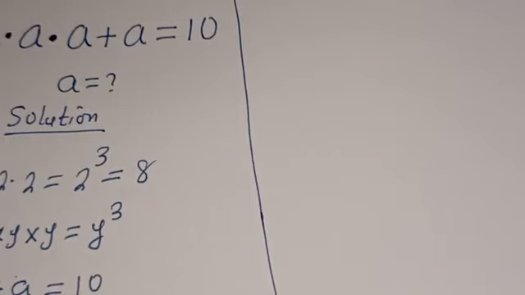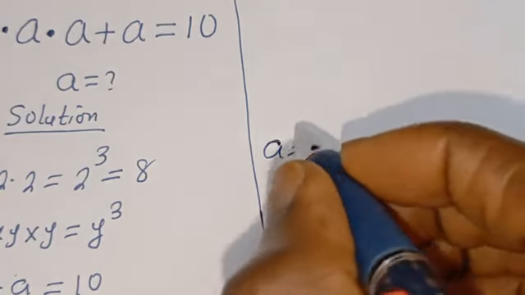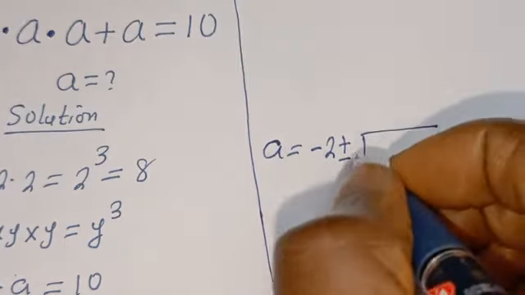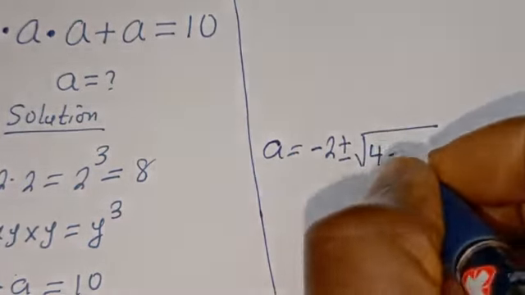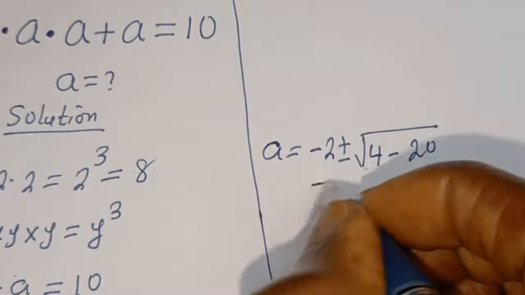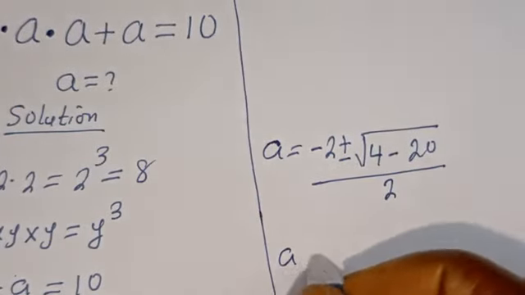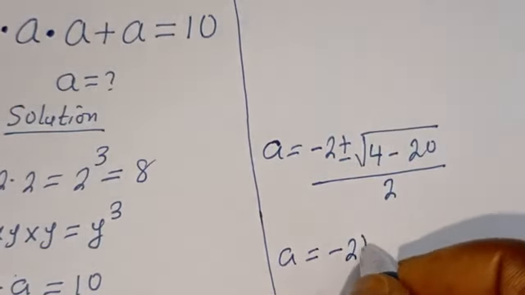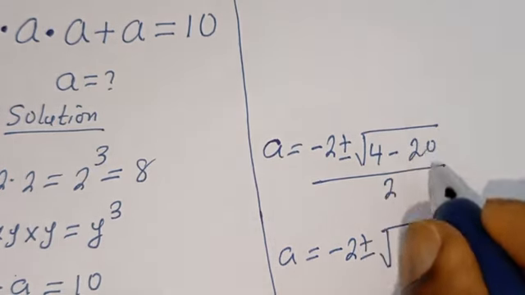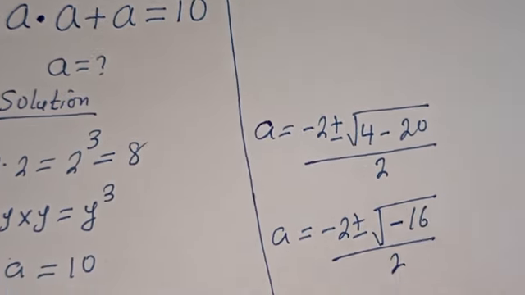Then a is equal to minus 2 plus or minus square root of 2 squared, that is 4, minus 4 multiplied by 1 multiplied by 5, that is 20, divided by 2 multiplied by 1, that is 2. a is equal to minus 2 plus or minus square root of 4 minus 20, that is minus 16, divided by 2.